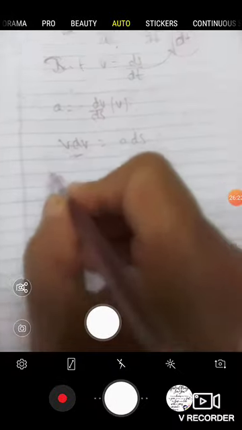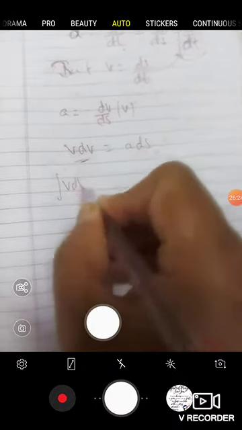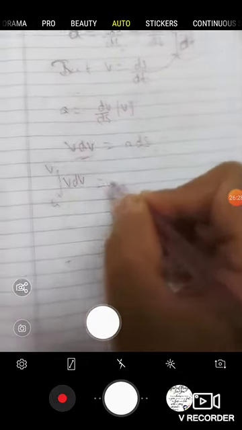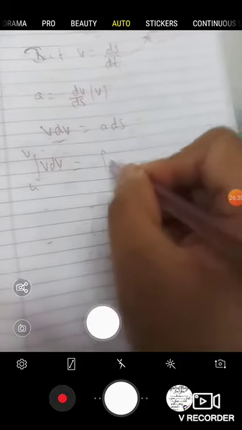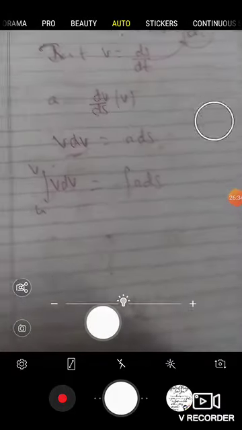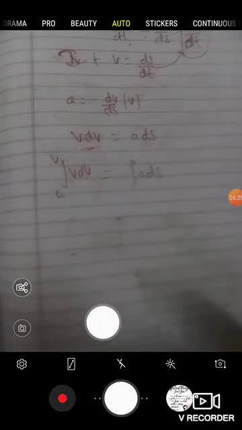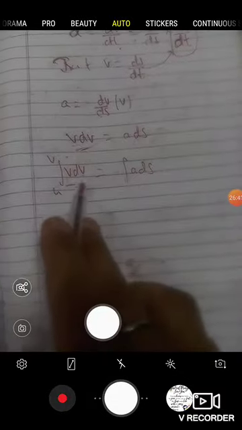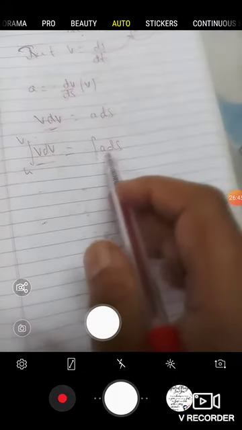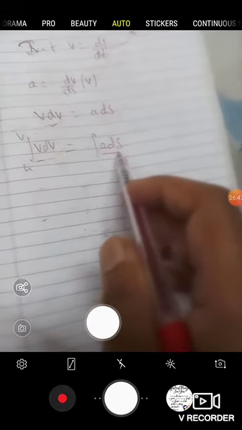So if I integrate on this side, it becomes integration of v dv, u to v, is equal to integration of a ds. I told you so many times that we can only integrate those things which have a small elemental value. Here v has a small elemental value dv, and a doesn't have any small elemental value like dA.